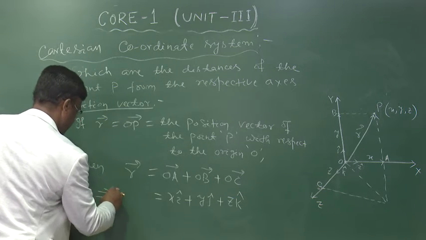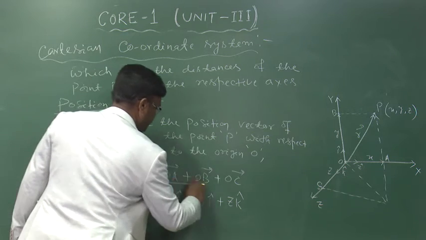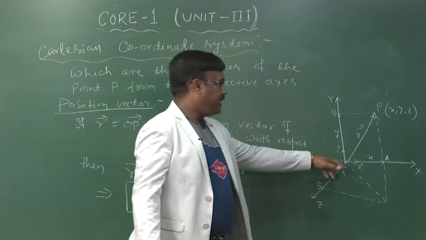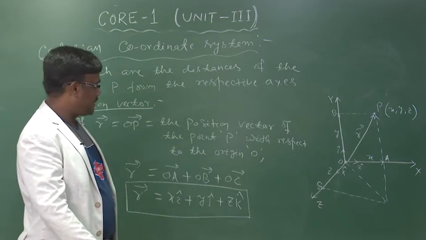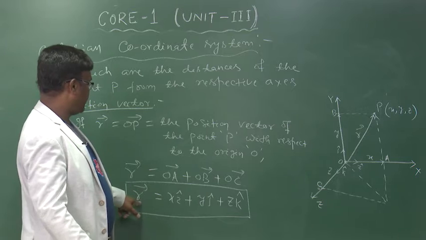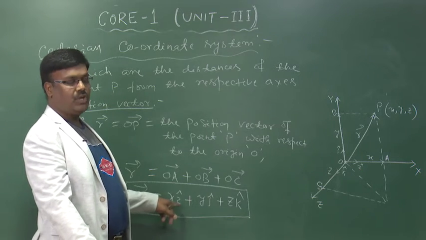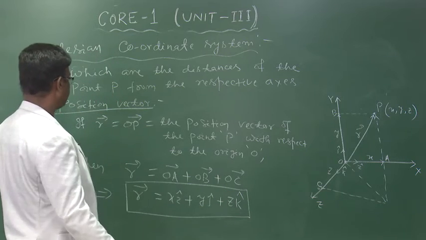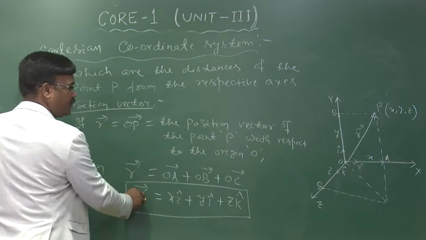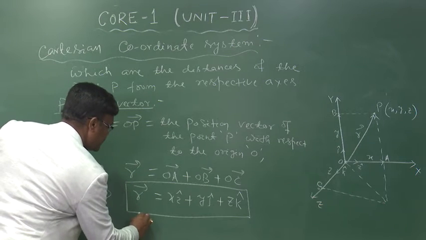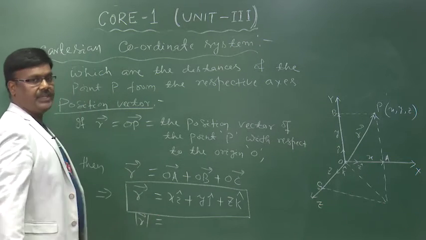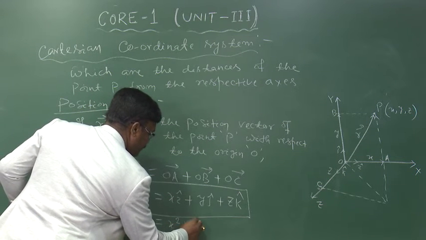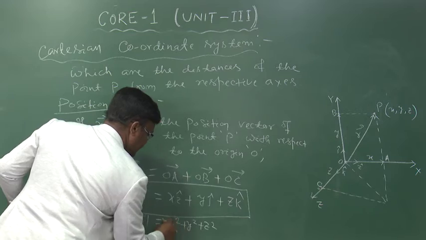That means the position vector of a point with respect to the origin of a Cartesian coordinate system is expressed as r vector equal to x i cap plus y j cap plus z k cap, and the magnitude or the modulus of this position vector can be written as mod r is equal to the square root of x square plus y square plus z square.